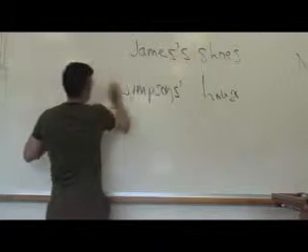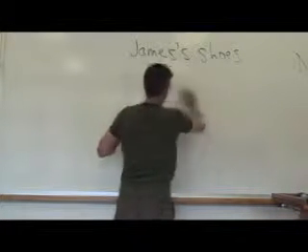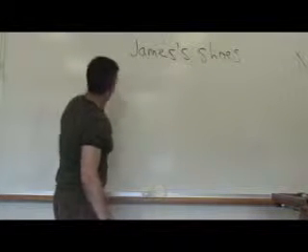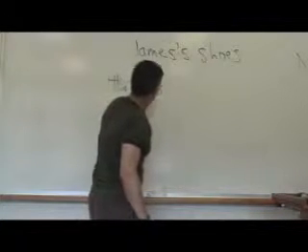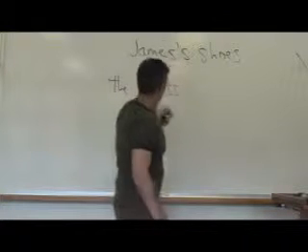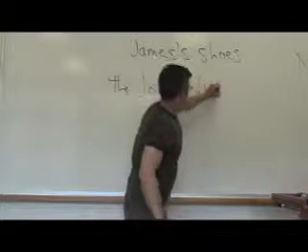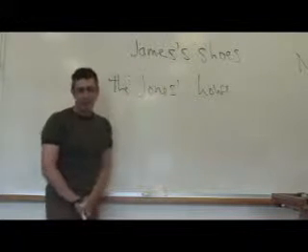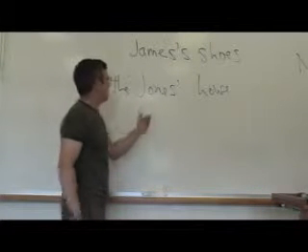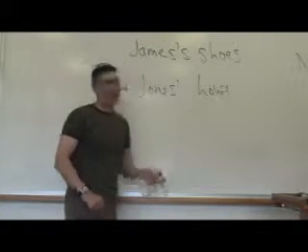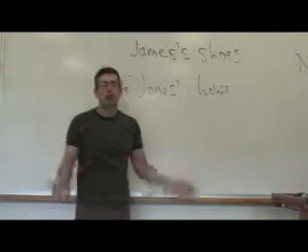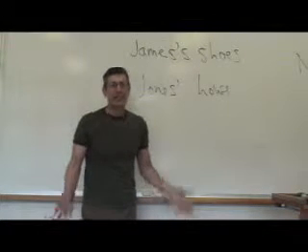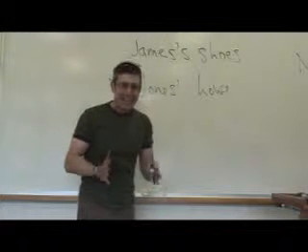Now, what if the name is Jones? What if the name is Jones, and you're going to their house? Well, a lot of people would write it with Jones apostrophe S. But then what is the entity to the left of the apostrophe? Something called the Jones. This is not the house of the Jones. This is the house of the Joneses.